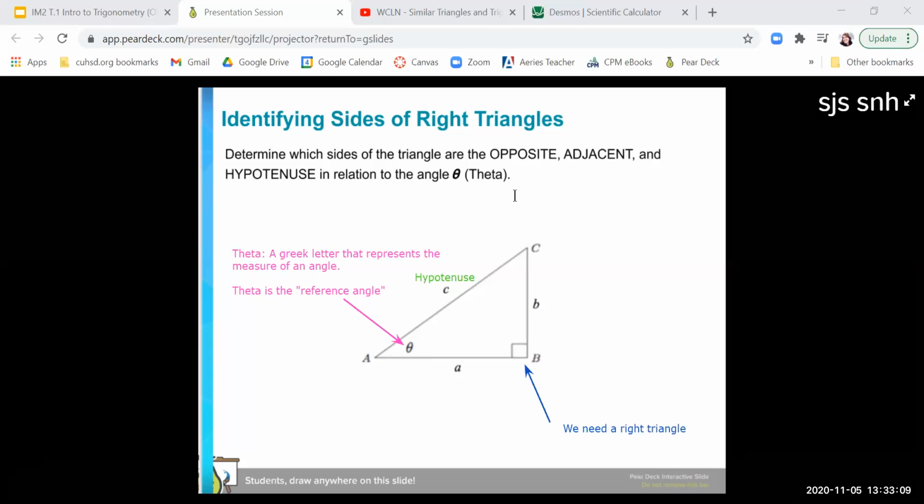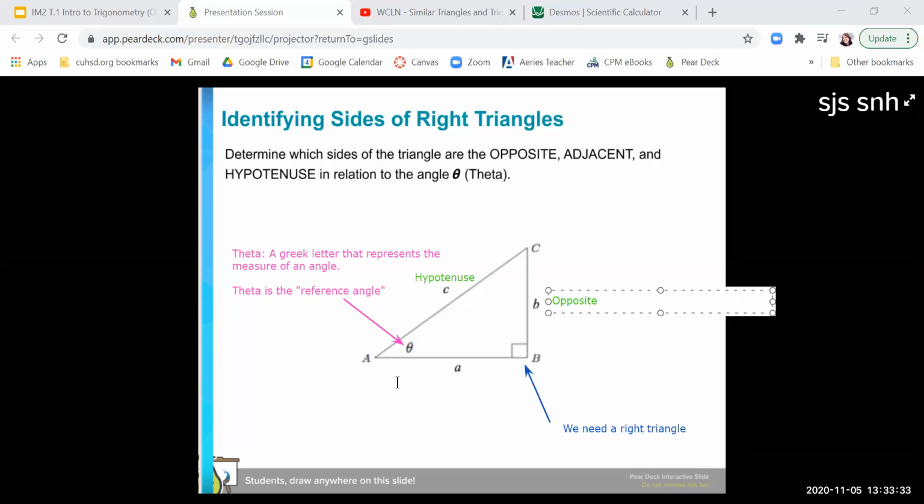So opposite is the side that does not help to form theta. The hypotenuse is one side of theta. This edge is the other side of theta. This side with B on it, this side does not form theta. It's opposite.